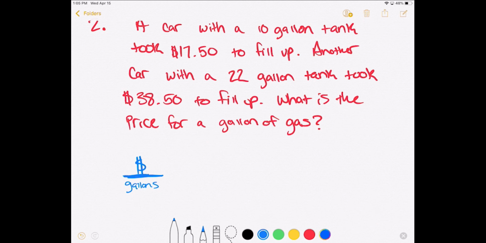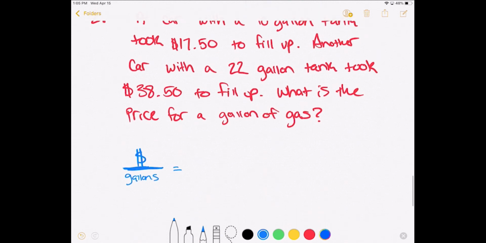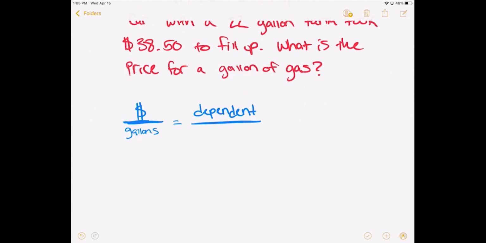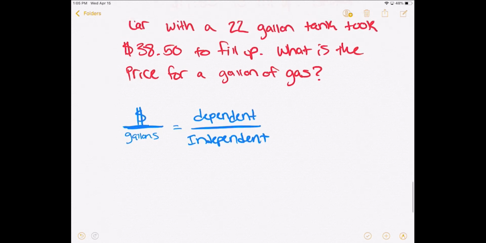So the price for a gallon of gas, the money per gallon, what our dependent variable is going to be is our money, and what's independent is our gallons of gas. And so we're going to find our slope this way.